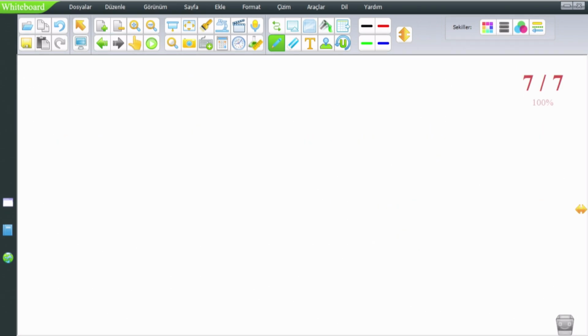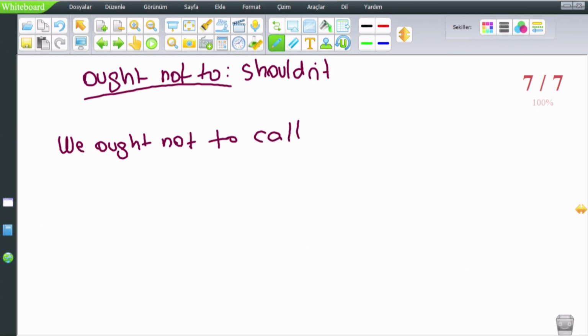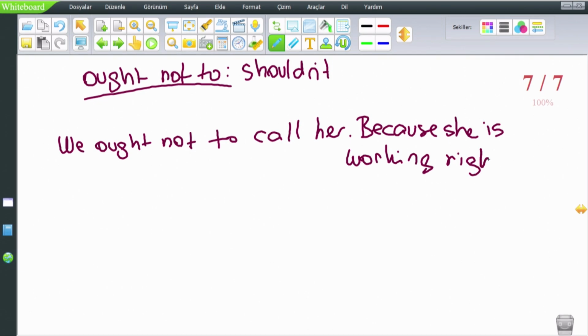Let's look at the negative version of ought to, which is ought not to. And this one is equal to shouldn't. We ought not to call her because she is working right now.